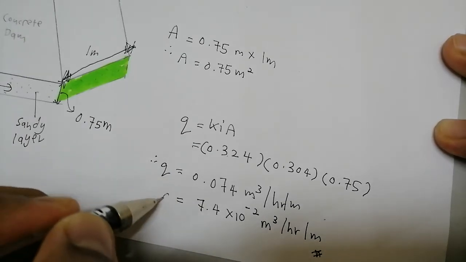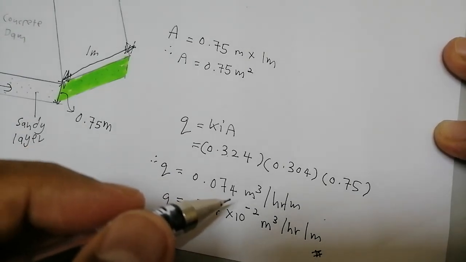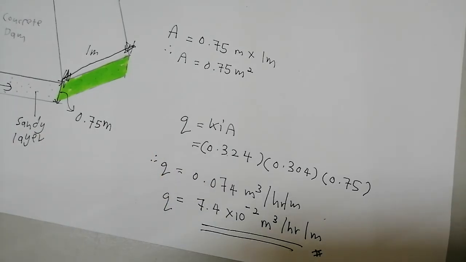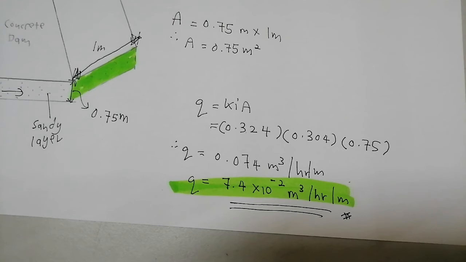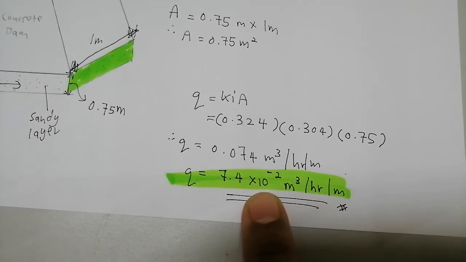So this is the rate of seepage per unit length of the dam. Guys, this is our answer highlighted in green.